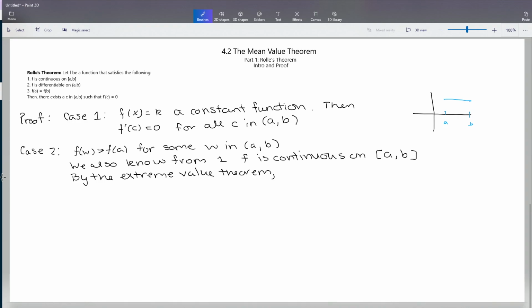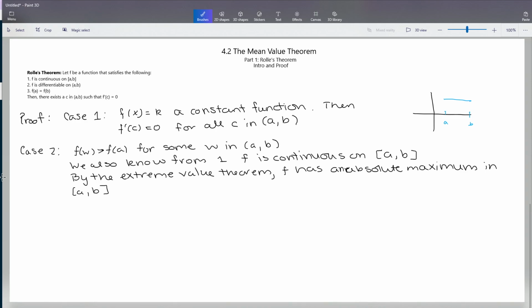And in this case, we can conclude that f has an absolute maximum in the interval AB.